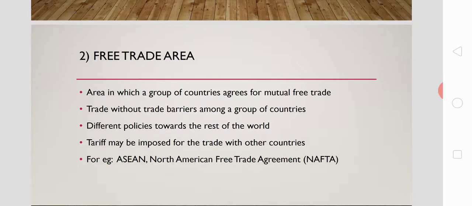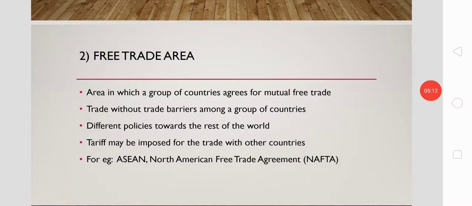For example, ASEAN is a free trade area. Inside the ASEAN region, commodities move freely from one nation to another without restriction or with minimum restrictions. But various ASEAN nations will have their own policy with other nations. For example, Vietnam as a member of ASEAN will have its own trade policy with India. Thailand is another ASEAN member, and Thailand will have its own trade policy with India. It depends on their own domestic economy and India's economy.